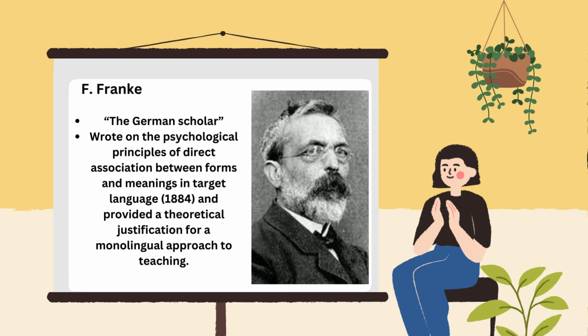According to him, a language could be best taught by using it actively in the classroom rather than using analytical procedures that focus on explanation of grammar rules. Teachers must encourage direct and spontaneous use of the foreign language in the classroom.